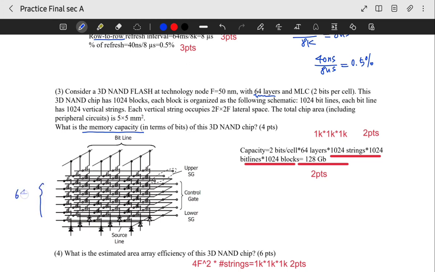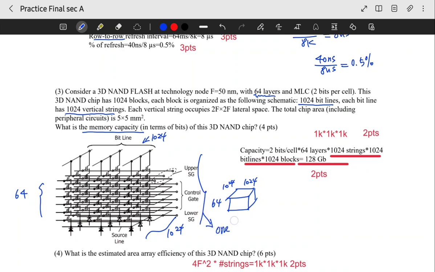We have 64 layers, and also it says 1024 bit lines and 1024 strings. So this one is 1024, and also this side is 1024. Basically you have some cube, 64 by 1024 by 1024. But this entire thing is just one block.